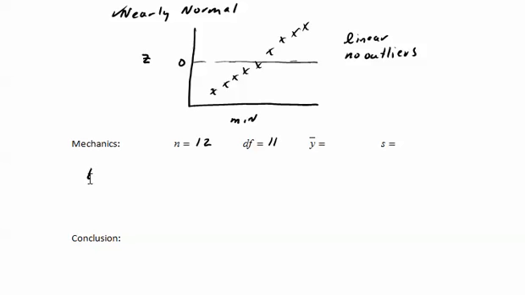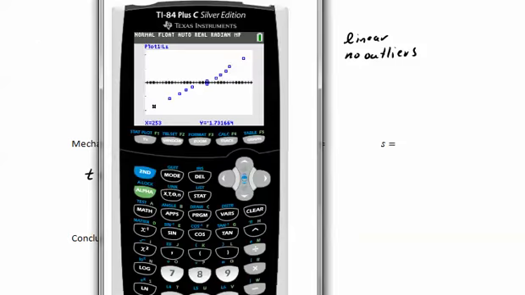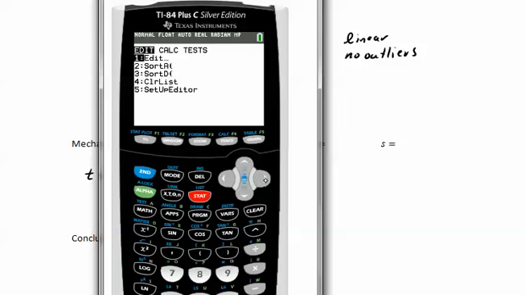So I'm going to write out that t is equal to the statistic minus the parameter divided by the standard error. That formula is on your formula sheet, by the way. And now, going to my calculator, I'm going to go to Stat, go across to Test, and the test that I am doing is the t-test.